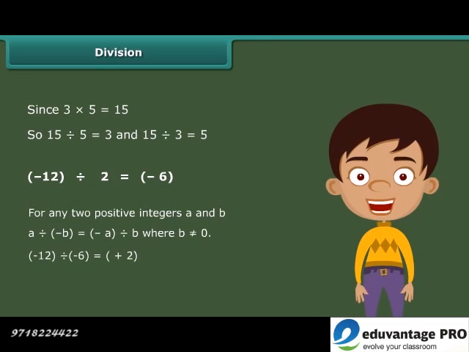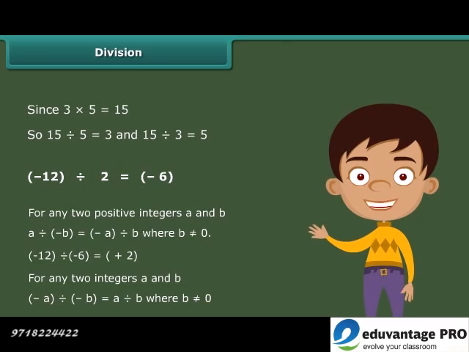When we divide a negative integer by a negative integer, we first divide them as whole numbers and then put a positive sign. In general, for any two integers a and b, -a divided by -b is equal to a divided by b, where b is not equal to 0.